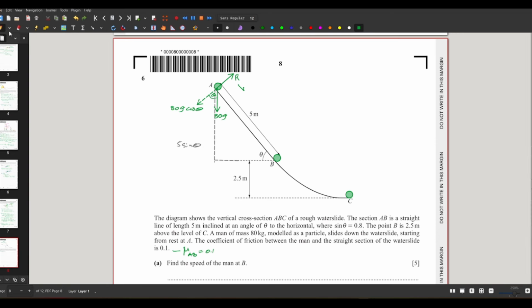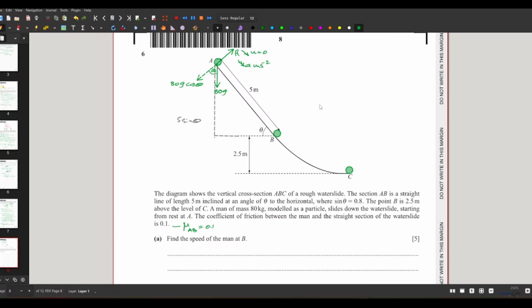And we don't know the acceleration. So let's take a meters per square second, and the starting velocity is 0. And we should find the velocity at point B. So let's take it as VB.